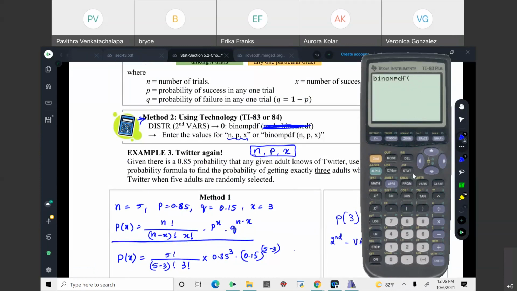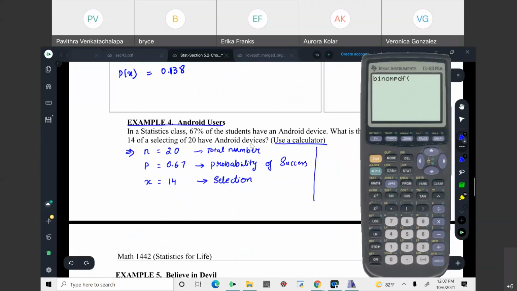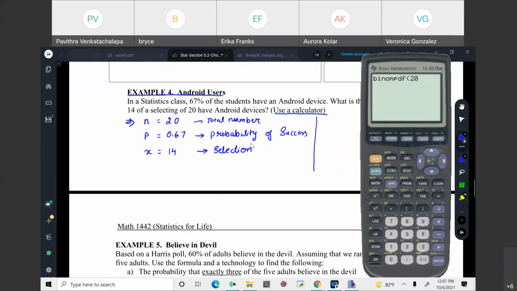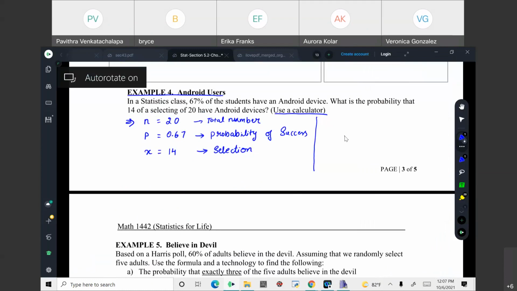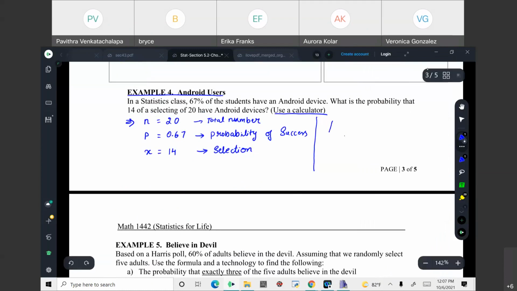Binomial PDF. Now you have to enter n, p, x in the order. So n is what? In the example here, 20, comma 0.67, comma 14. And then you can close the parenthesis and enter. That will be your binomial probability, which is 0.1838. Answer must be 0.1838.